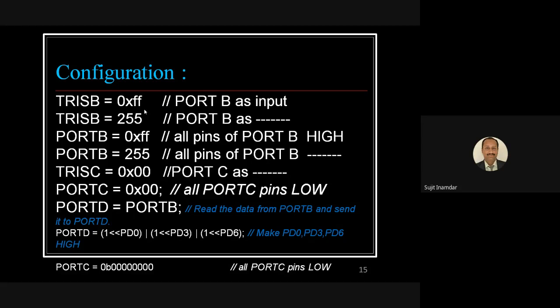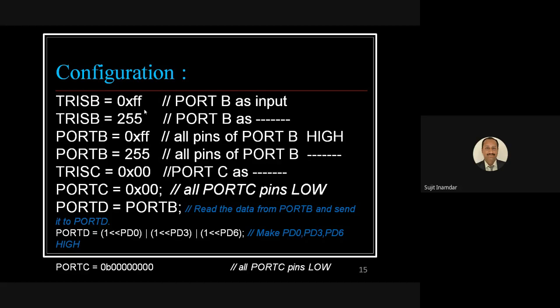So first is port B as input, second port B as input, then third all pins of port B high, fourth one all pins of port B high. That is, they are used as an input. Then port C adds 00 means output, it is outward direction. Then port C 00, that means all the pins are 0, logic 0.